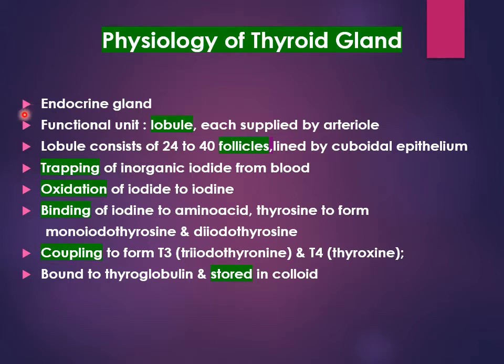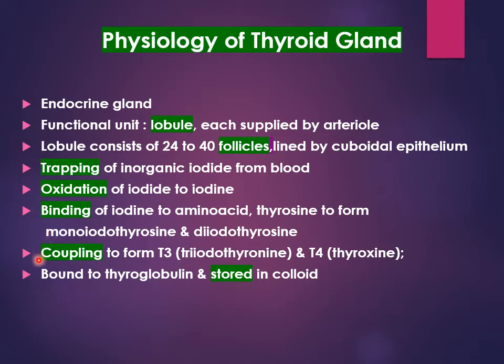The thyroid gland is an endocrine gland. The functional unit of the gland is called a lobule, and each is supplied by an arteriole. The lobule consists of 24 to 40 follicles, and these follicles are lined by cuboidal epithelium. The processes that take place in these follicles are trapping of inorganic iodide from the blood, oxidation of this iodide to iodine, followed by binding of this iodine to the amino acid tyrosine to form monoiodotyrosine and diiodotyrosine.